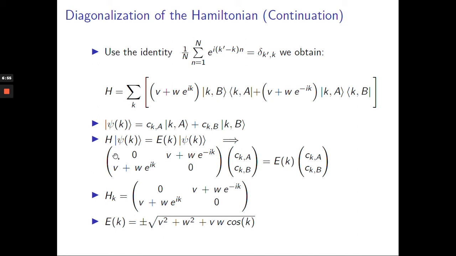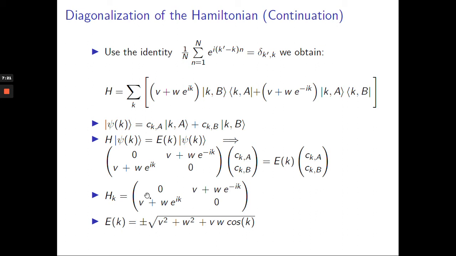Solving this eigenvalue problem is exactly the same as solving this one, as you can see by plugging in the ket psi of k. We will call this matrix hk, and we have one for each value of k, and remember there are N different values of k.